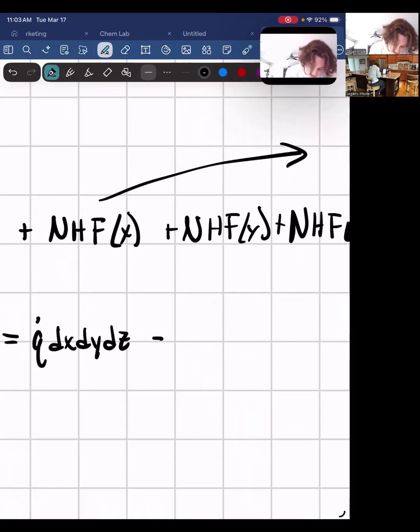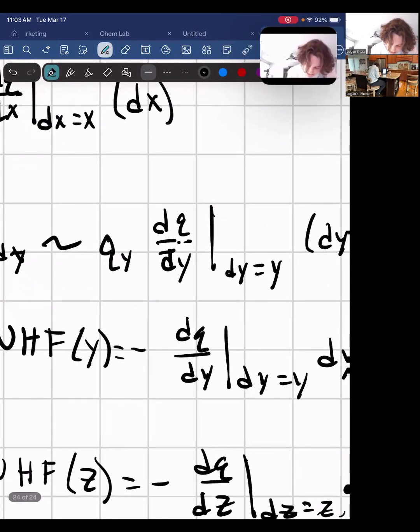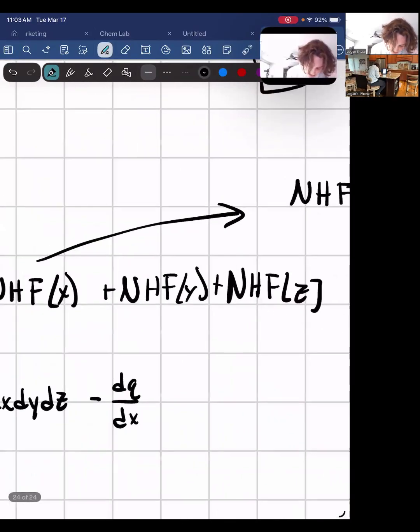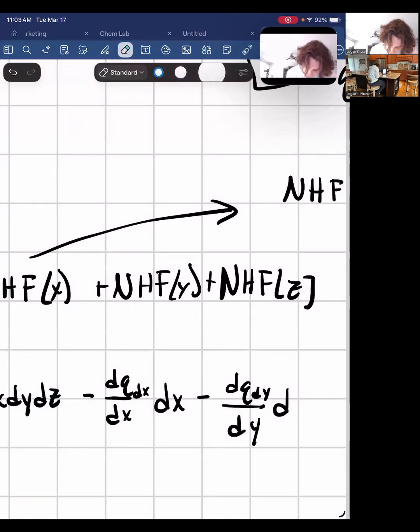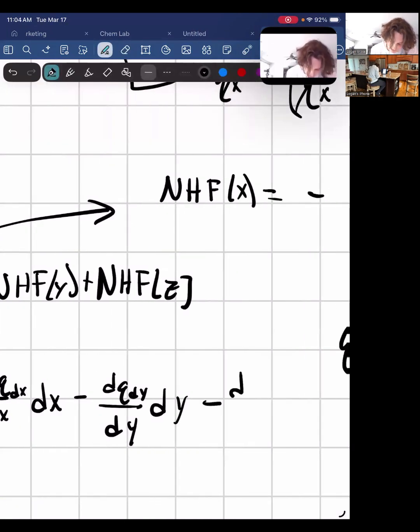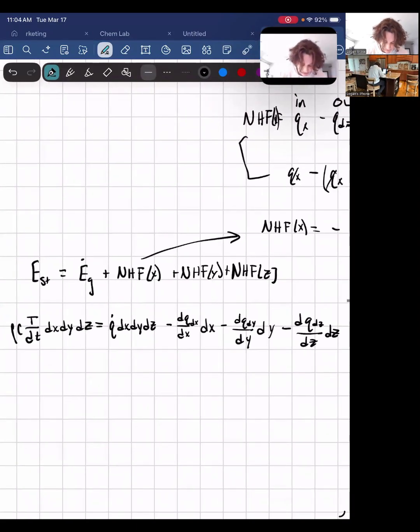So it's going to be minus dq/dx dx, minus dq/dy dy, and then finally in the z direction. So this is your overall equation right here.